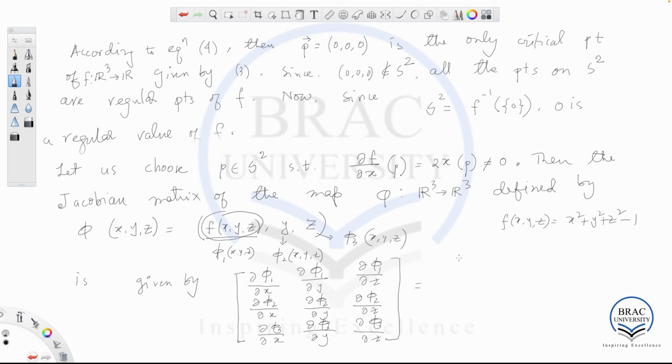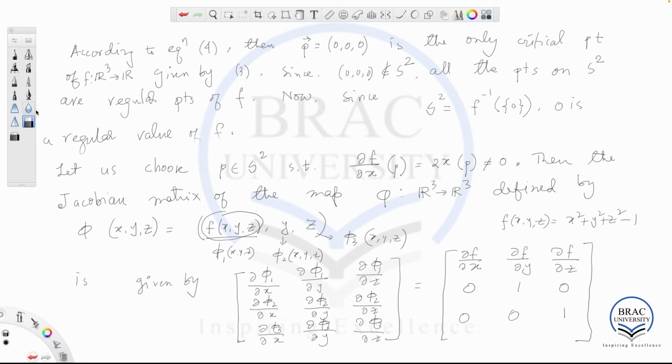What is del phi 1 by del x? Del f by del x. The second component of the first row is del f by del y and then del f by del z. Del phi 2 by del x is 0, del phi 2 by del y is 1, and then 0, 0, 0, 1.